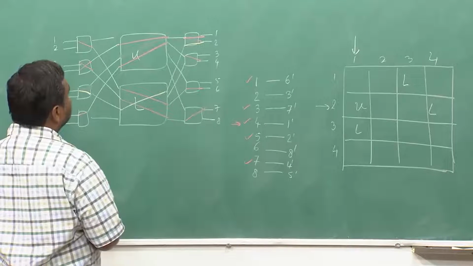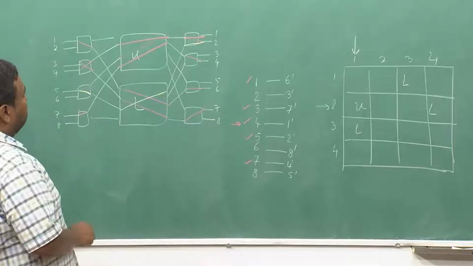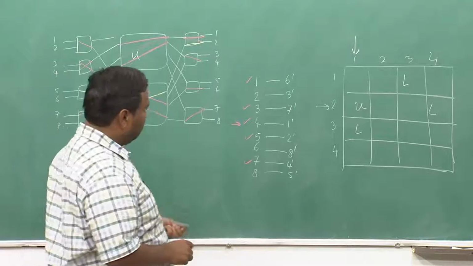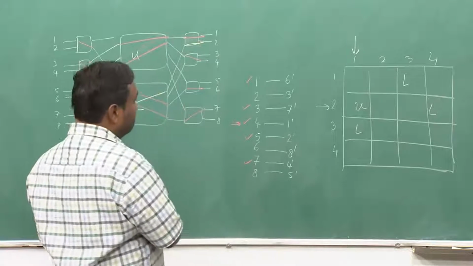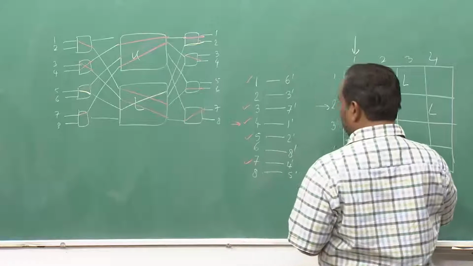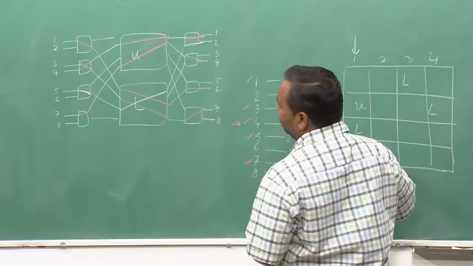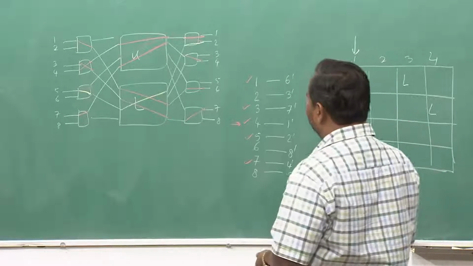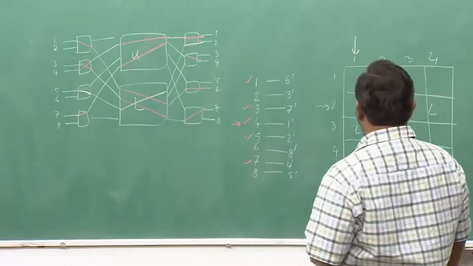I cannot do 2 to 3. Again there is a blocking. So I have done 7 to 4, which has been done through upper, and then I am doing 2 to 3.